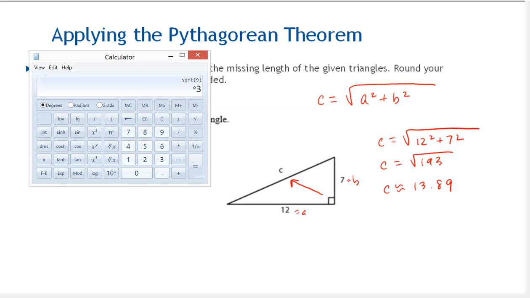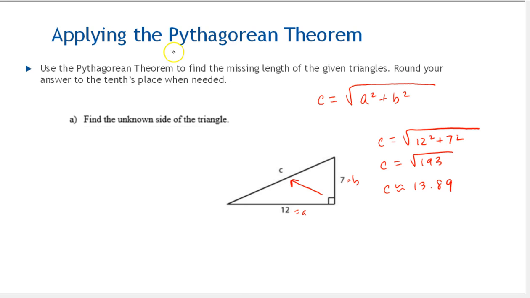If your calculator does not give you a decimal value, if it still has a square root in it, if you're using the multi-view calculator, then click on the button right above the enter button that has 2 arrows on it, and that will give you a decimal approximation. So this is what we use when we're solving for the hypotenuse.